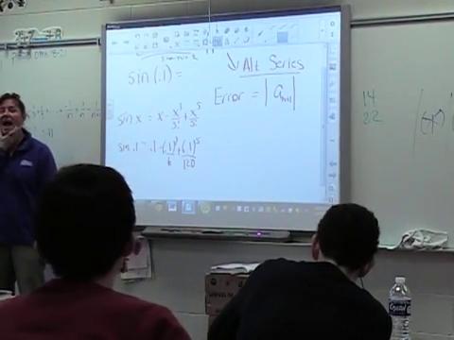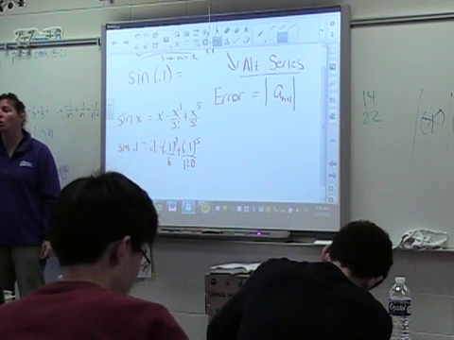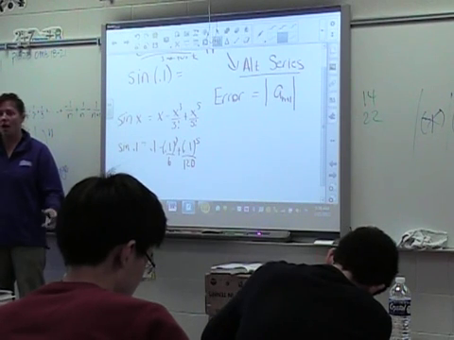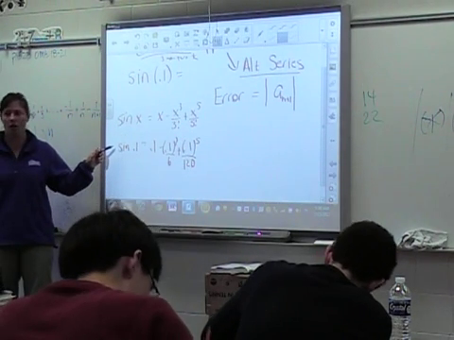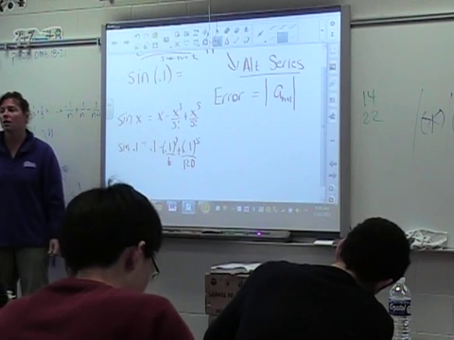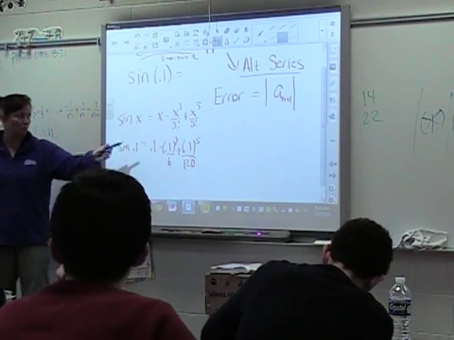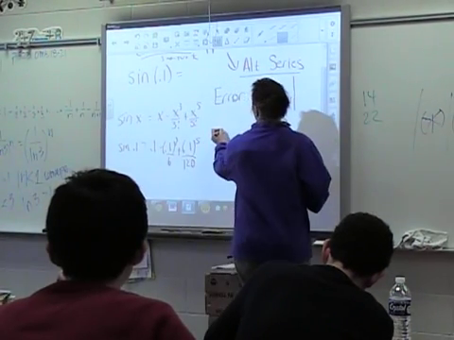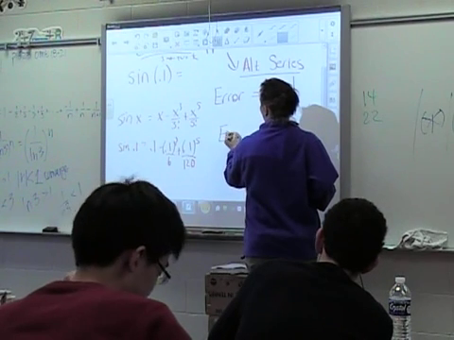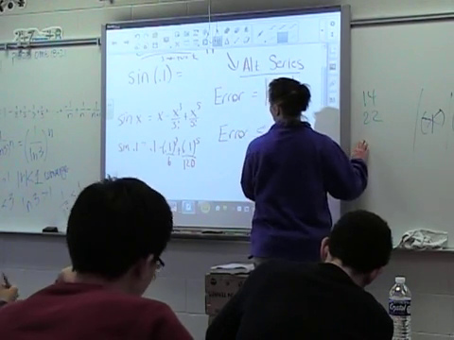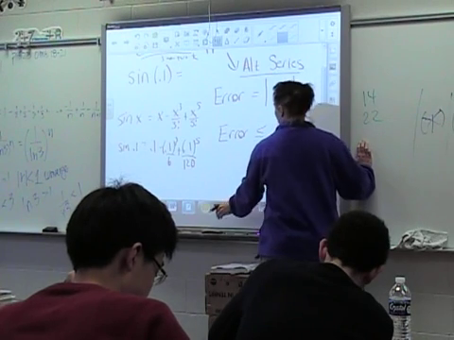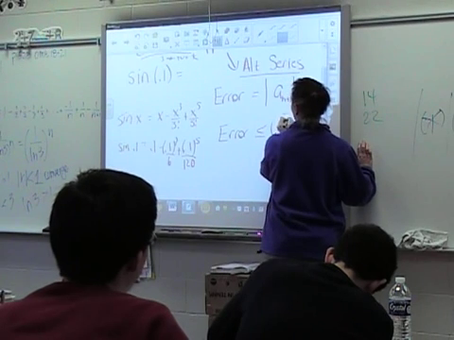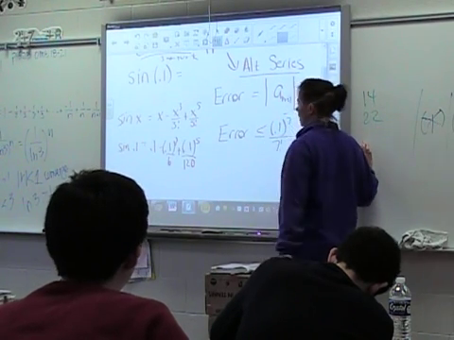If it asked how close am I to the exact value of sine of 0.1, it's going to be whatever my next term is. What's my next term in this series? My error is going to be less than or equal to 0.1 to the 7th over 7 factorial.